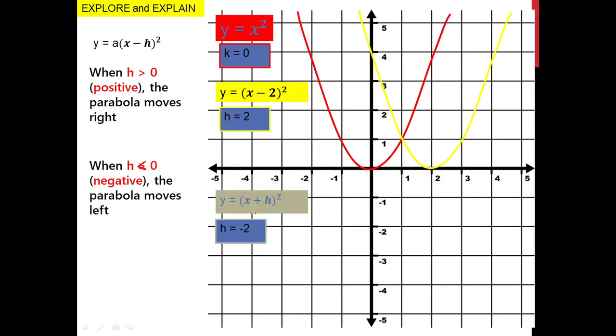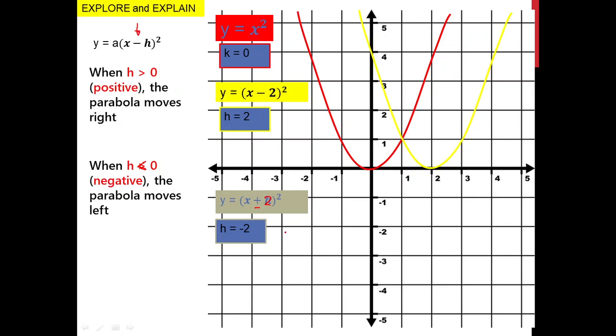Now here, on this equation, y is equal to x plus 2, squared. Again, the equation is y is equal to x plus 2, squared. Now notice the sign here at the center. This is already positive. Now our original sign here is negative.